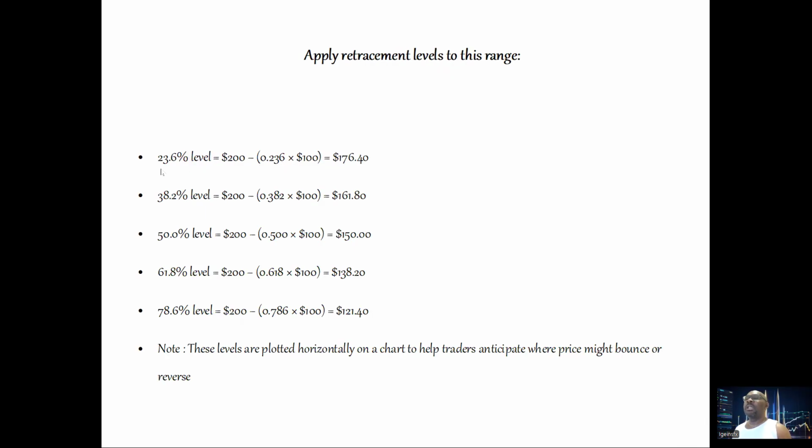Now, the 23.6% level is equal to $200 minus, open bracket, 0.236 times $100. What will it give you? 176.40. Now, we all know what BODMAS is all about. You first of all open the bracket, so what you need to do first is to multiply this.